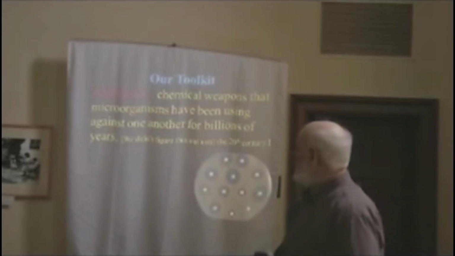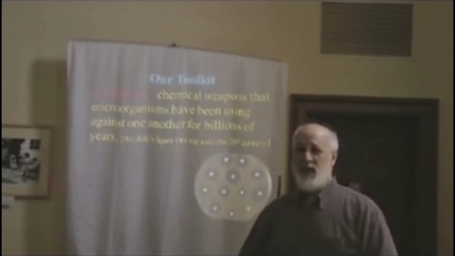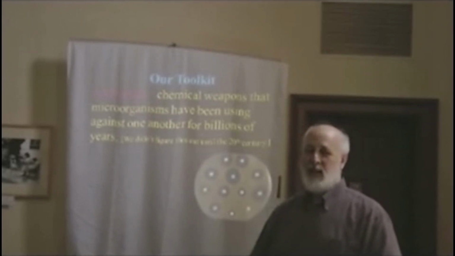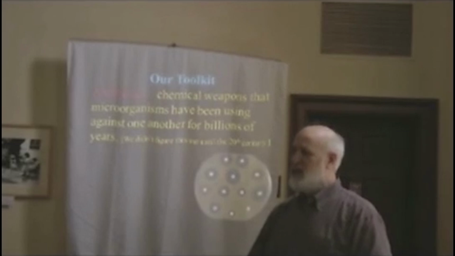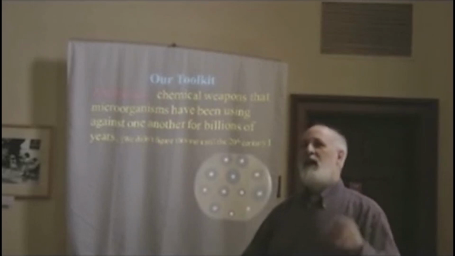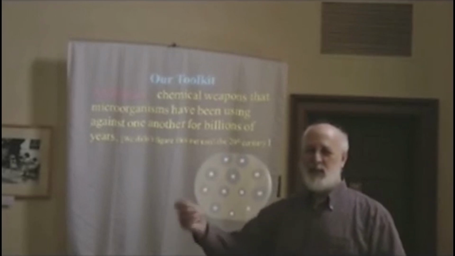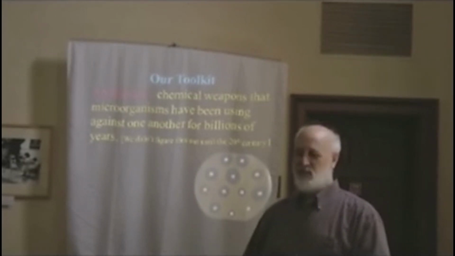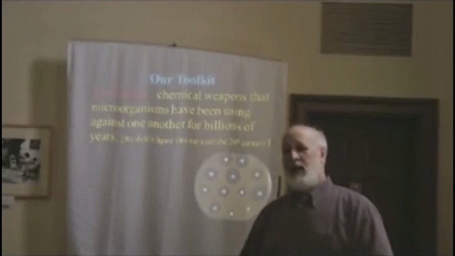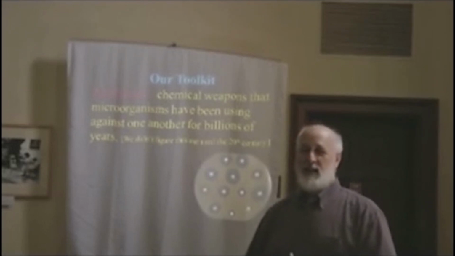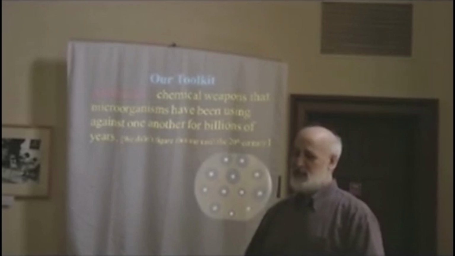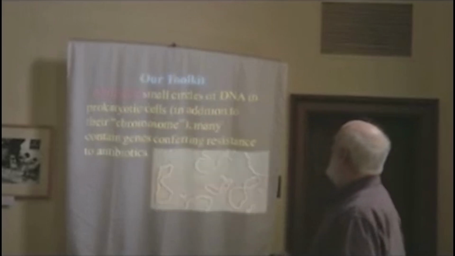We use those, and now we figured out we could use these to fight bacteria back in the middle of the 20th century, and it was kind of a secular miracle, if you will, that we can now put a chemical in somebody and keep them from dying from a disease. Meanwhile, the bacteria that we were fighting have been evolving, and some of them are now resistant to all of those cool antibiotics, so we keep fighting them.